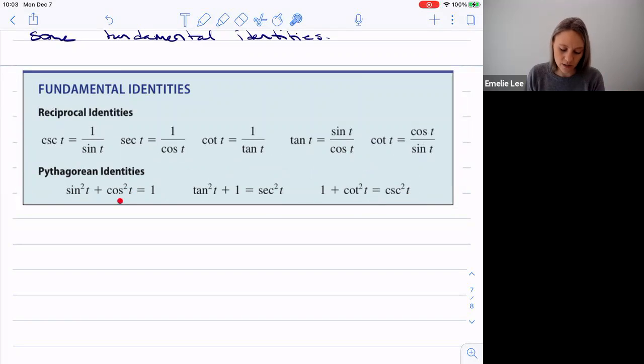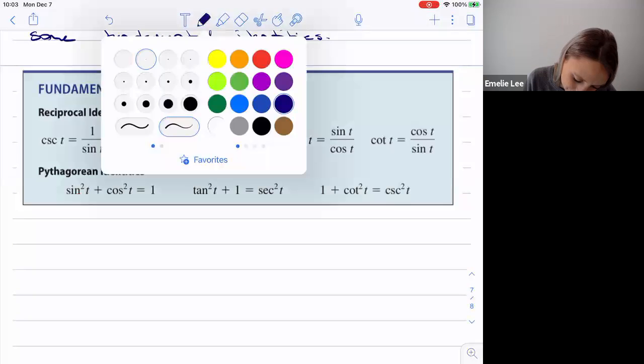So sine squared, cos squared. Sine squared is just sine t times sine t. So that can be hard to wrap your head around, but sine squared is just sine t times sine t. Same thing with tan t. Tan squared t is sine squared t over cos squared t. Okay, so you can just replace these with the squares.